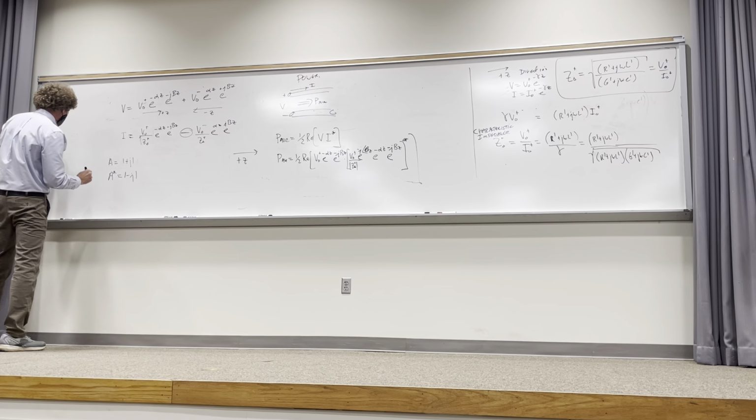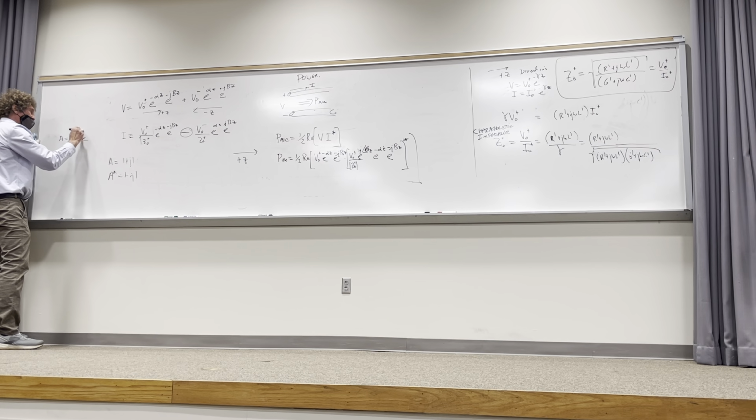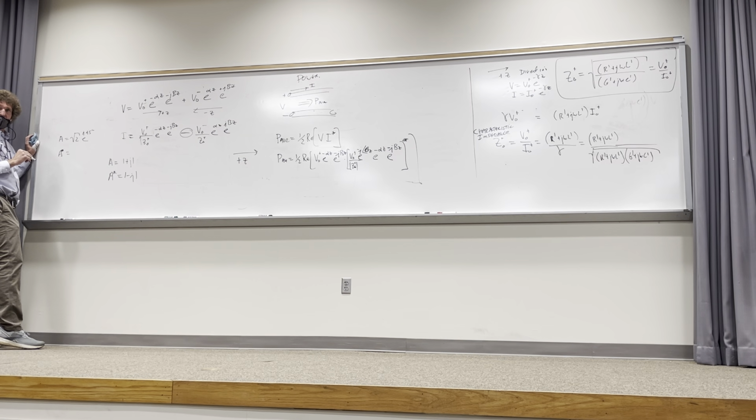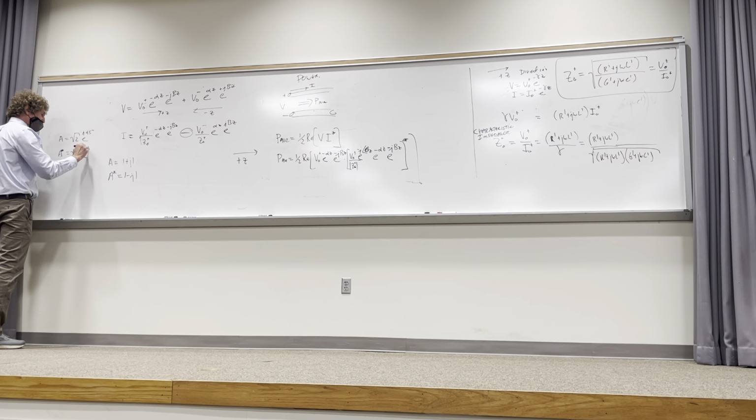What about if I had A equals square root of 2 at an angle, e to the j 45 degrees. What is A conjugated? Square root of 2, the angle changes sign, e to the minus j 45 degrees.